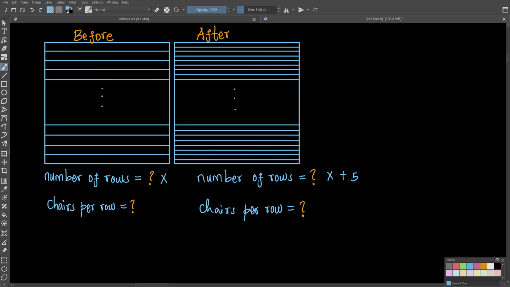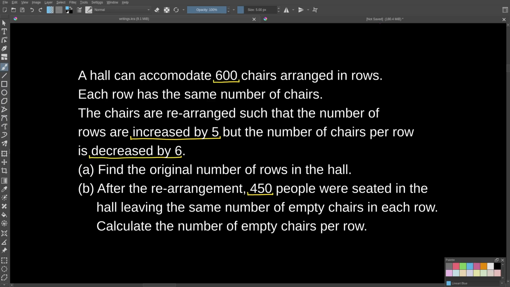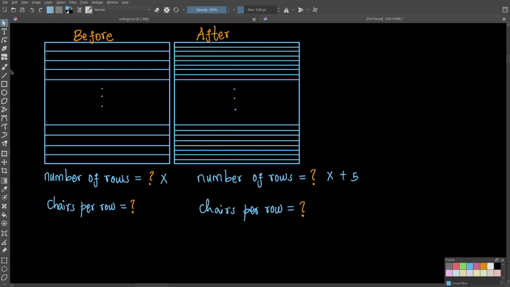Okay, now let's talk about the chairs per row. How do you get the chairs per row? We go back to the question. We are told each row has the same number of chairs. So this means that to get the chairs per row, I only need to do the total number of chairs divided by the number of rows. So before, to get the chairs per row, we do the total number of chairs, which is 600, divided by the number of rows, which is x.